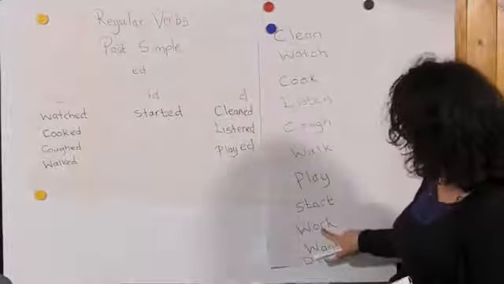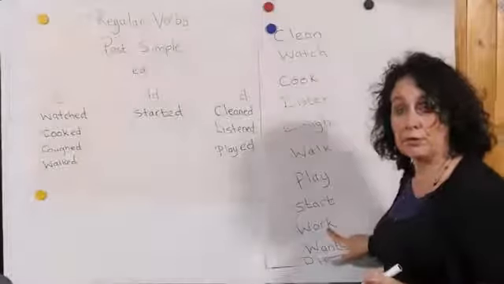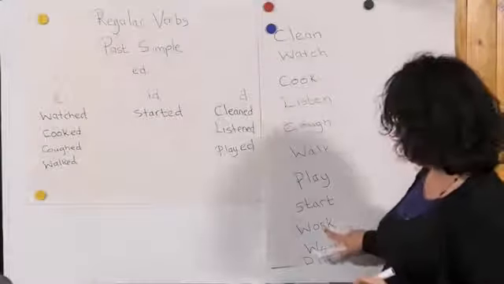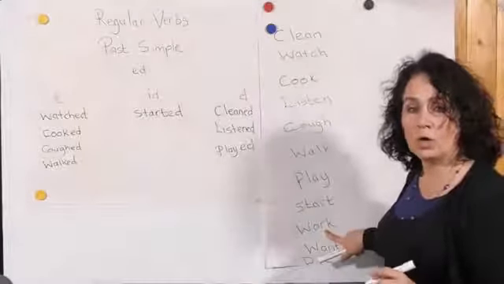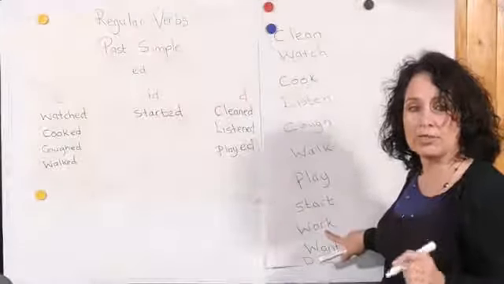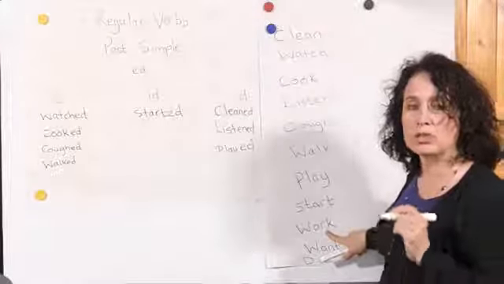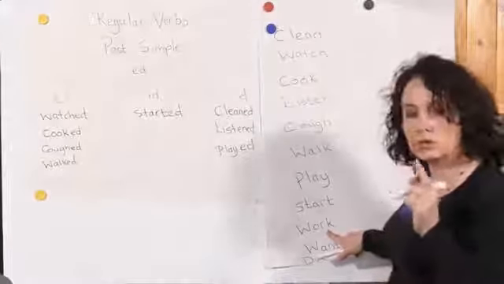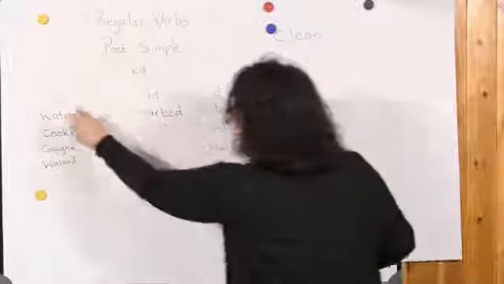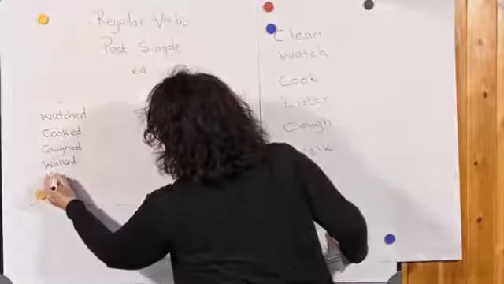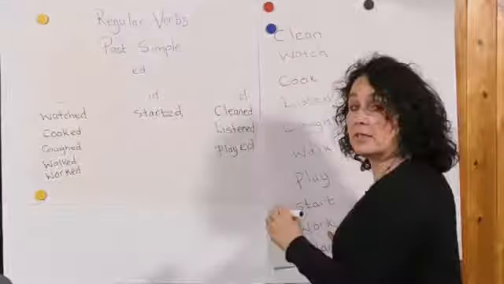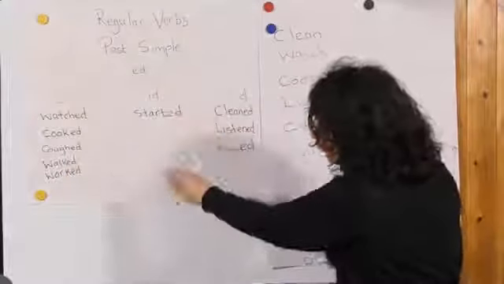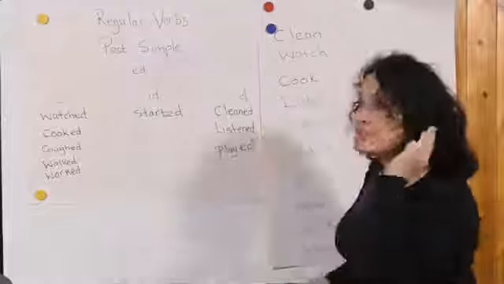Now we have another very common verb, even though it's irregular. Worked. I worked for 12 hours yesterday. I worked. So you hear the end. Yes, over here. Worked.